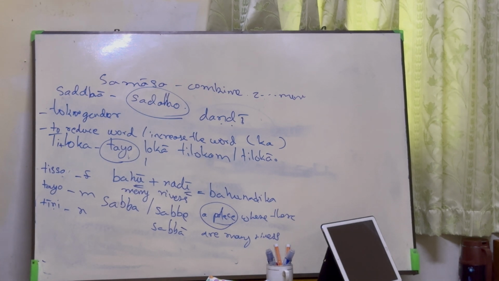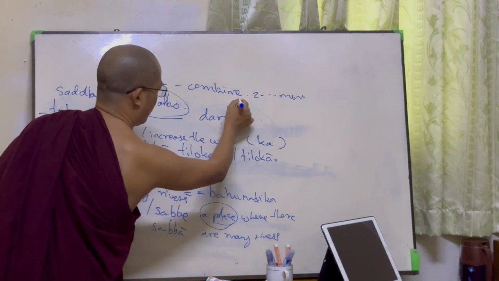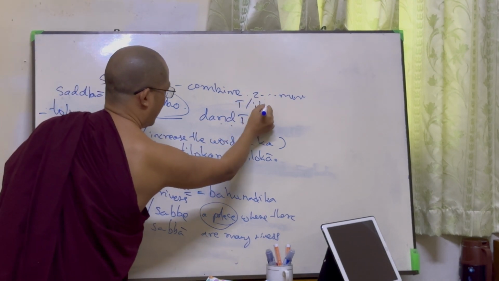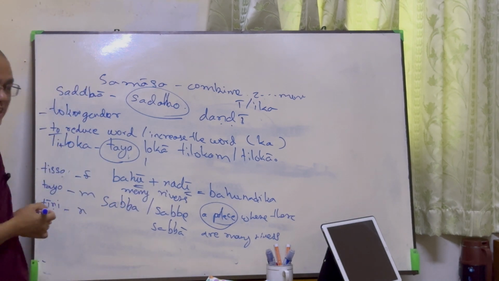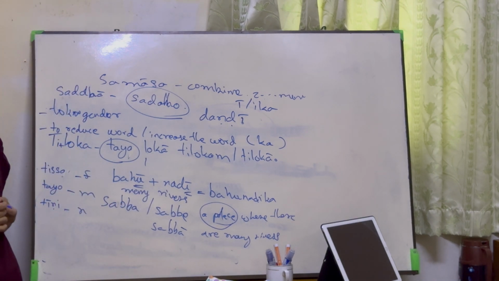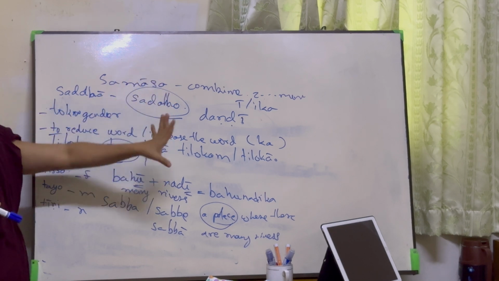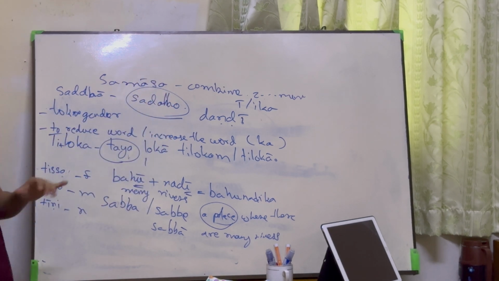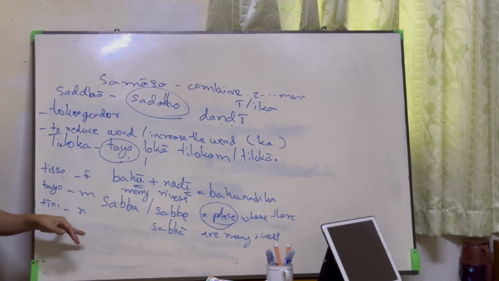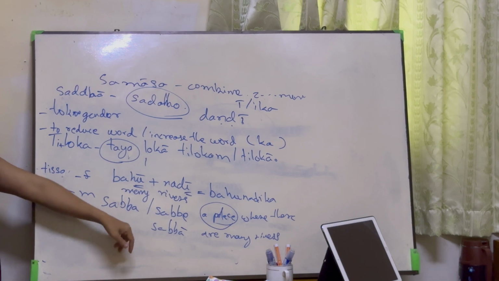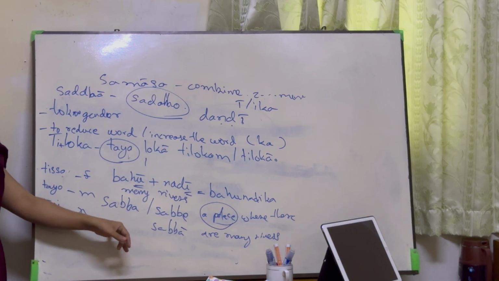How about daṇḍika? Yeah, daṇḍika also, because there are two types: ī and ika. Daṇḍī and daṇḍika, two can be used. After studying the Samāsa, we can easily do the Taddhita, because Abyayībhāva Samāsa and Taddhita are nearly the same.